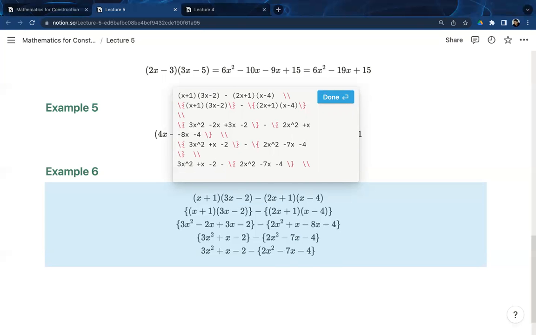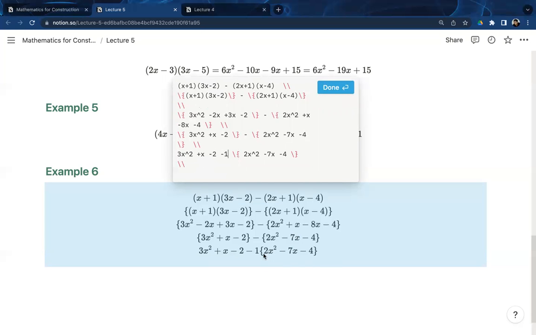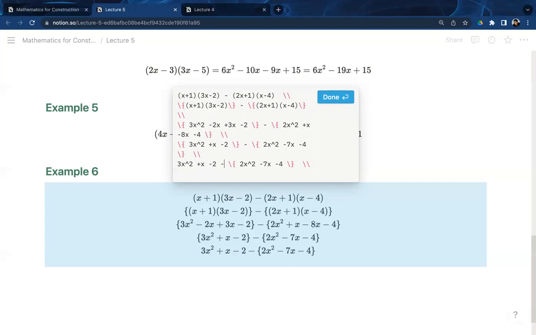This minus sign is like minus 1 times all of this. Remember that 1 is invisible there. So this is negative 1 multiplied by all of these terms. So when you remove that bracket, the 2 will become negative, the 7 will become positive, and the 4 will become positive.